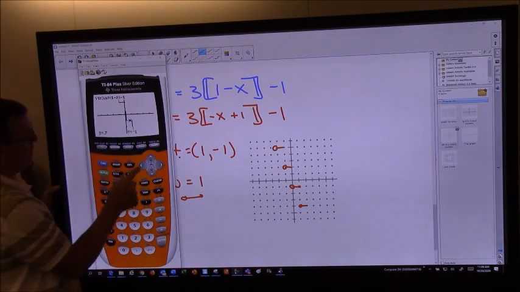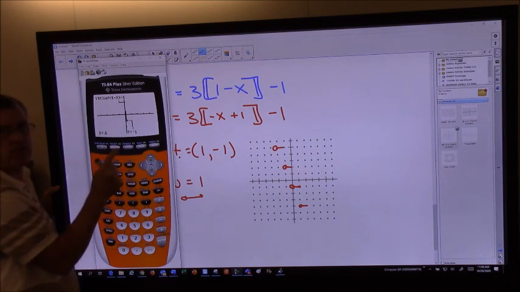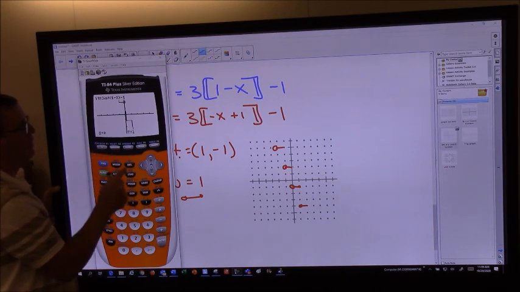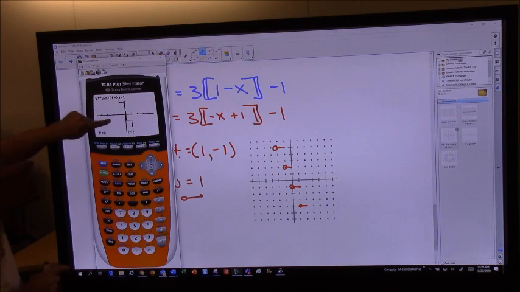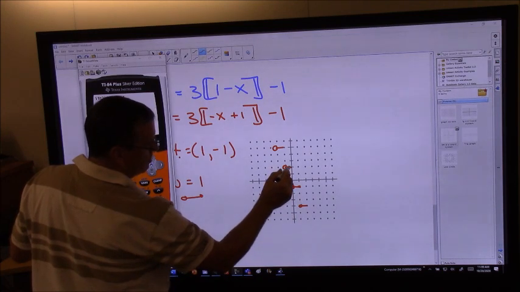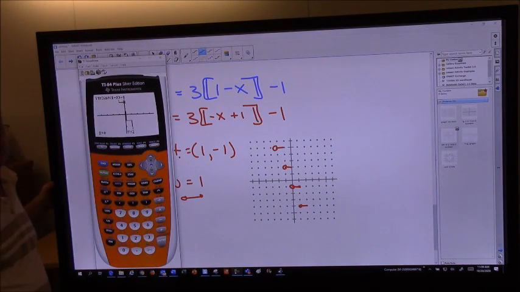So watch my x values here as I arrow over. There's 0.6, 0.5, 0.4, 0.3, 0.2, 0.1, and now the next time I hit the arrow button, I'm going to go over to 0. And see what the cursor did? The cursor jumped up to the next step. That means there's an open circle here, and we're jumping up to the front edge of that step. Okay?